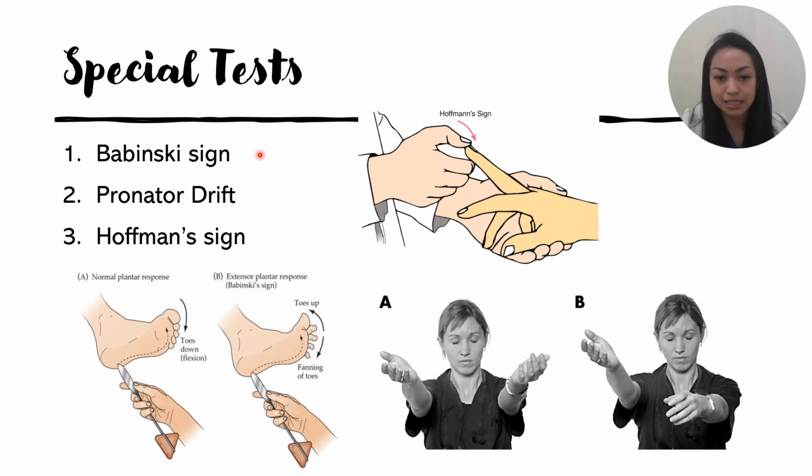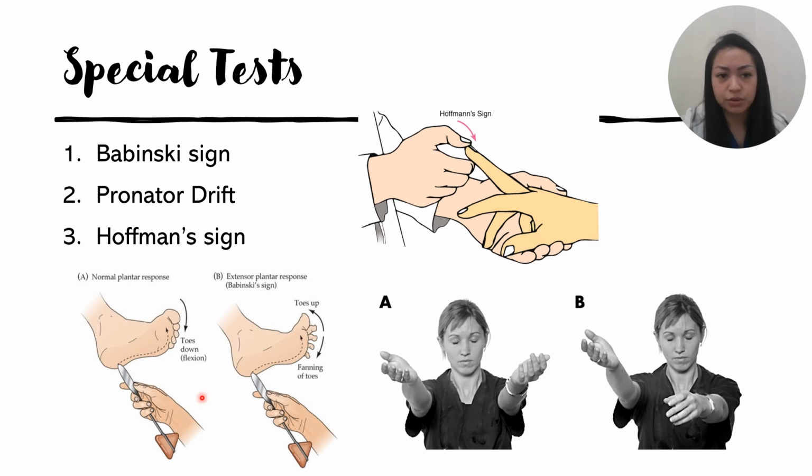So the Babinski sign. The Babinski test basically involves using the other end of your reflex hammer and stroking the sole of the foot from the bottom, running it laterally and then medially.